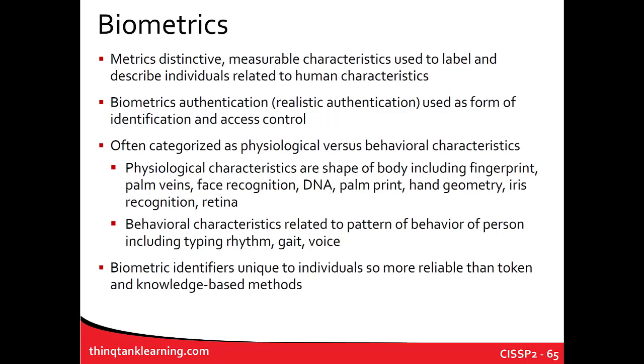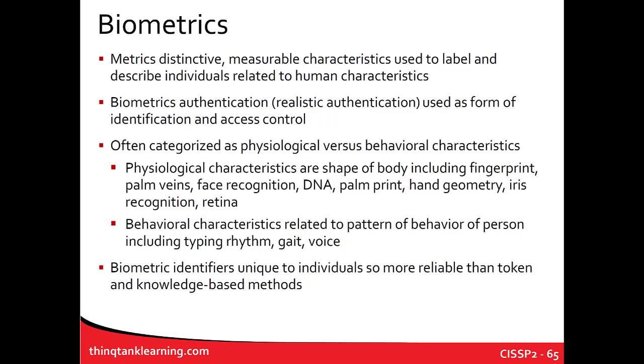All right, what about biometrics? I mean, certainly we know from discussions in previous domains, right? Biometrics are based on something you are. It's a measurable, distinctive trait which is tied to human characteristics. What do we use them for? We use them to identify or verify individuals based on who they are, not what they know and not what they have.